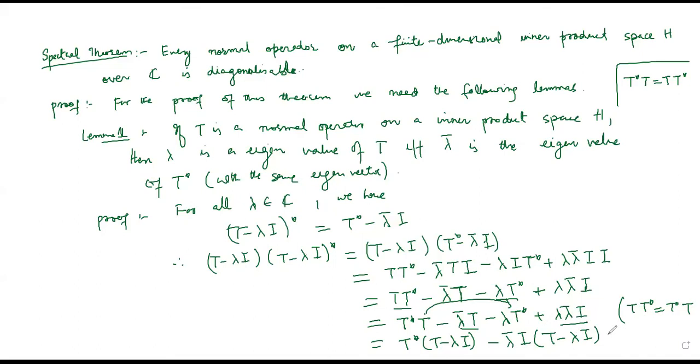But then this would be equal to T star minus lambda bar I multiplied by T minus lambda I. That would be actually T minus lambda I star. अब ये जो तुम recognize कर रहे हो, so then I can say that T minus lambda I into T minus lambda I star is equal to T minus lambda I whole star multiplied by T minus lambda I. कहने का मतलब, अगर T normal है तो T minus lambda I commutes with its adjoint.